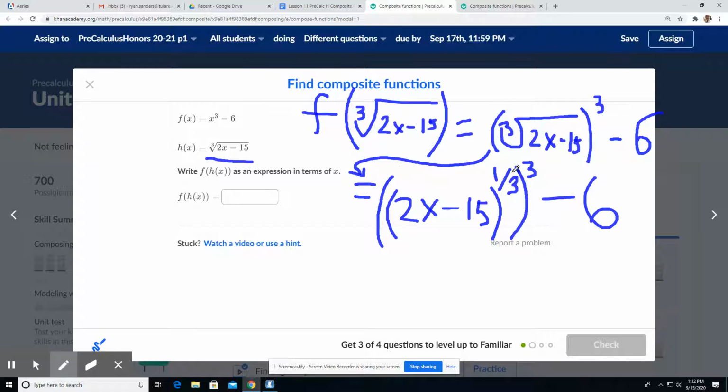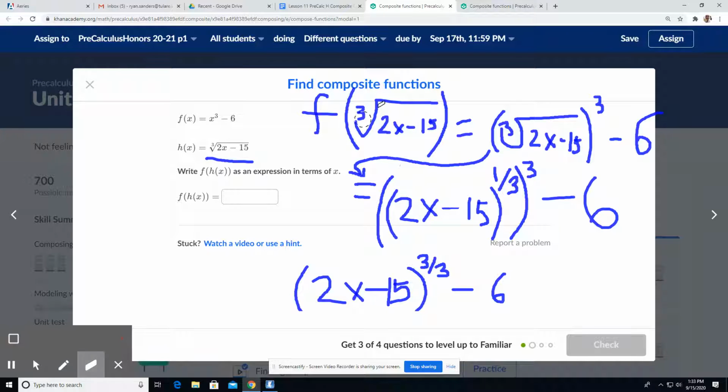This is what I wanted to show you. A power to a power means multiply. So just like these undo themselves, a power to a power would give us 2x minus 15 to the 1/3 times 3, which is 3 over 3, minus 6. 3 over 3 is just the first power, so that goes away. Anything to the first power is itself.